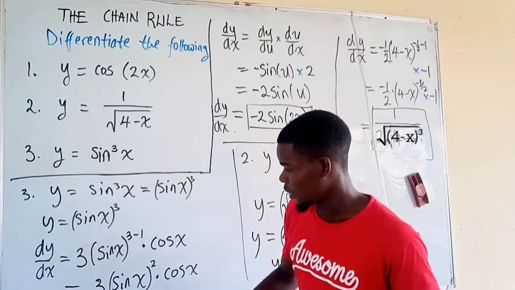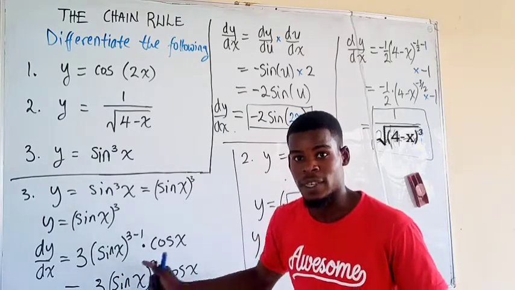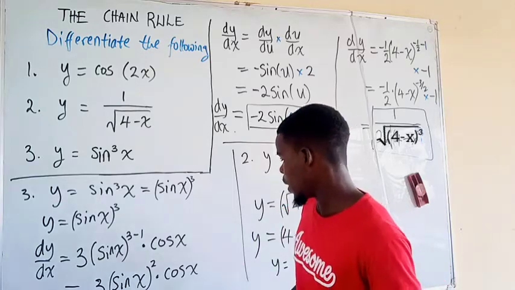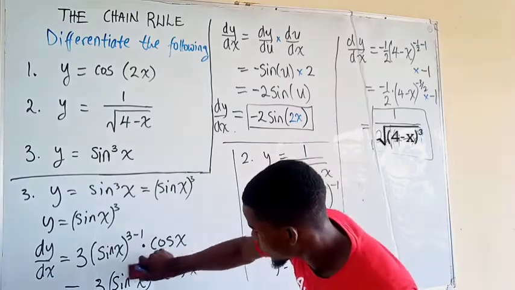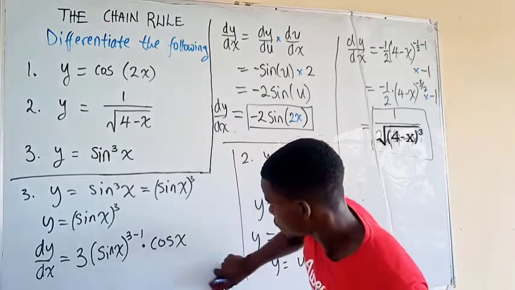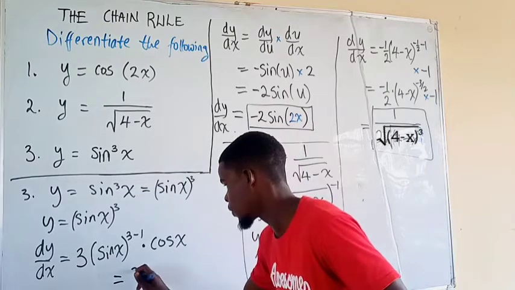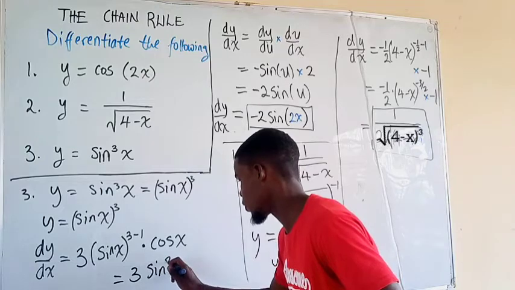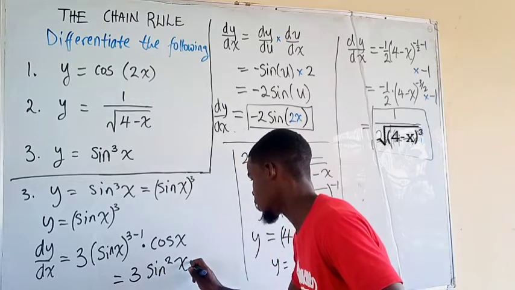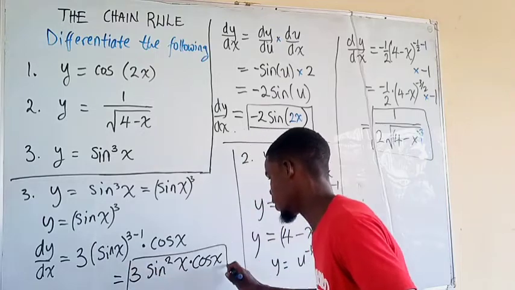It's the same thing. So here I'm going to rewrite sine x all raised to the power 2 as sine squared of x. So let me show you the solution we're having right here. This is just 3, then sine to the second power of x times the cosine of x. And that right there is the derivative of that given function.